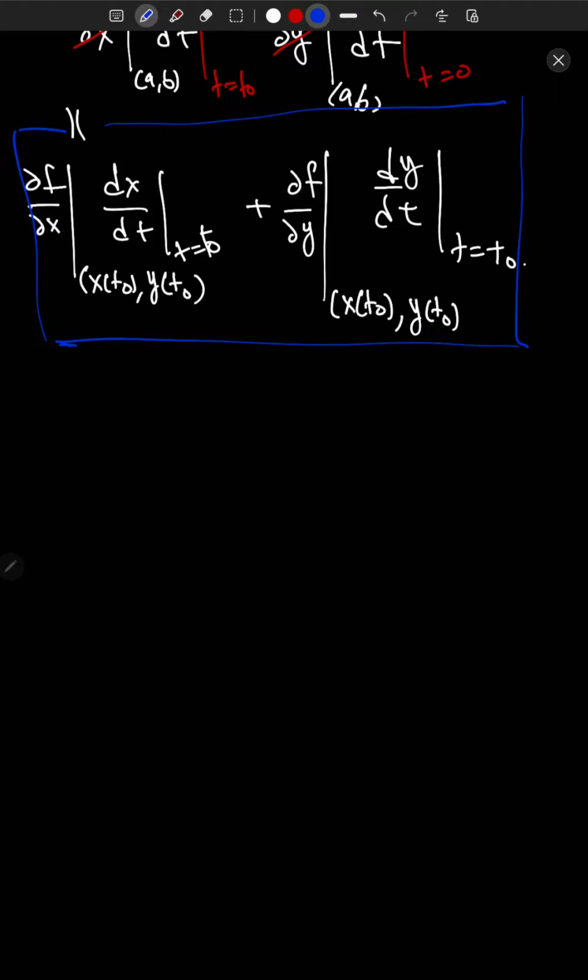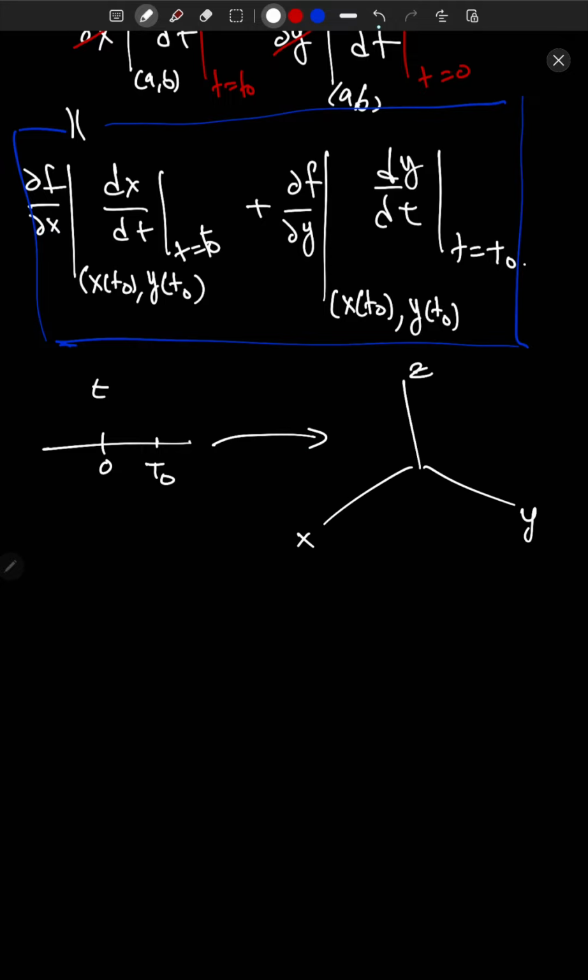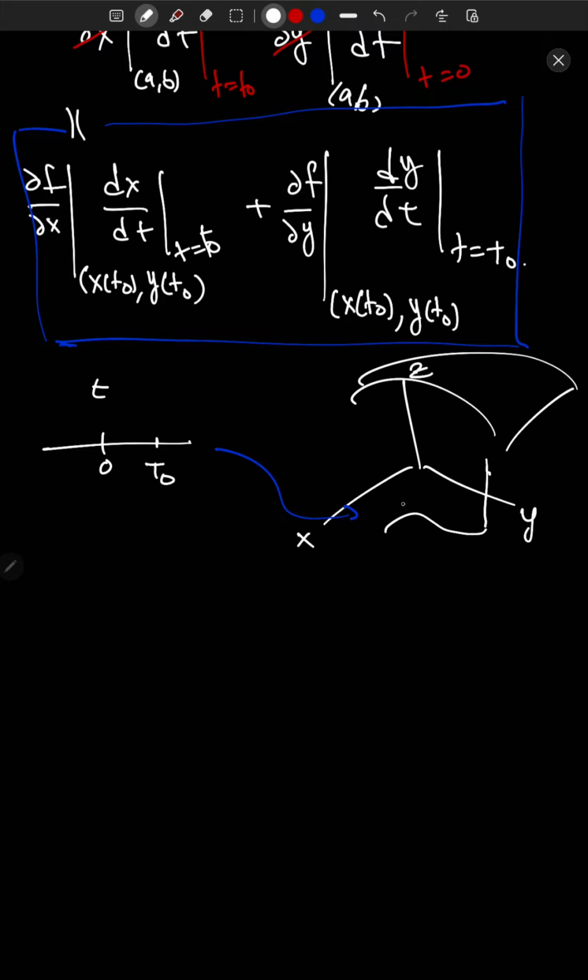All right, and again, let me draw this same picture again, just to emphasize what's happening physically in a way. Here we have t. Here we have t naught. That's the point we're interested in. We're going to the plane first, and then once we're on the plane, we're going upwards to the graph of the function.